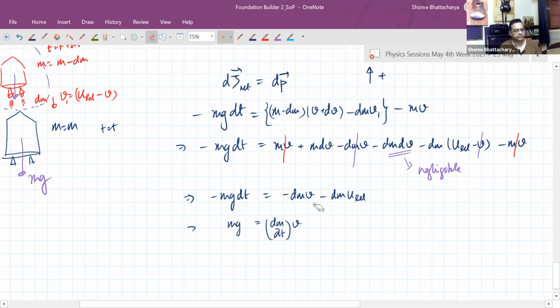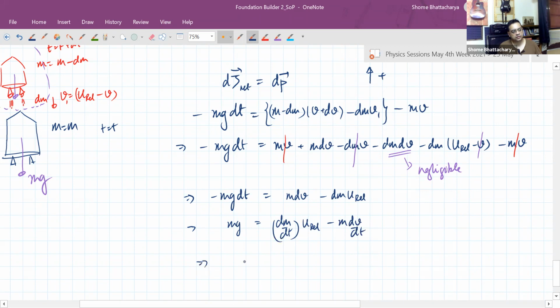So the term that we are left with here is this one, mdv, minus dm into. So absorbing the minus sign, this will become dm by dt into u relative minus m dv by dt.